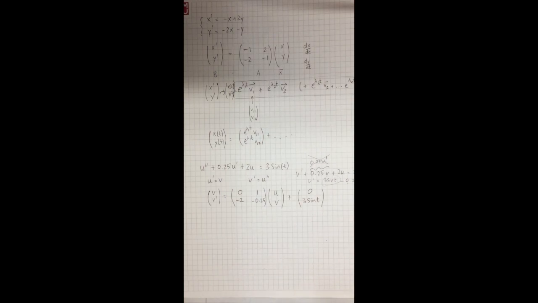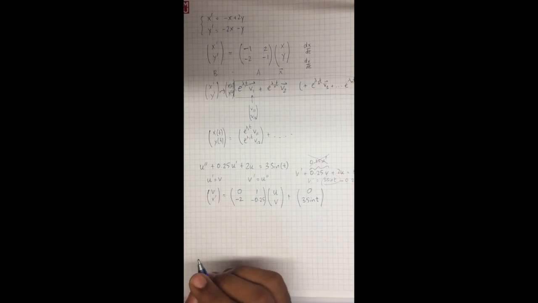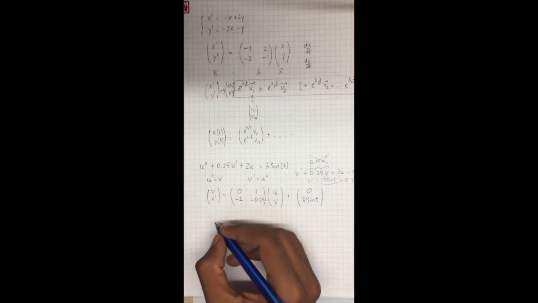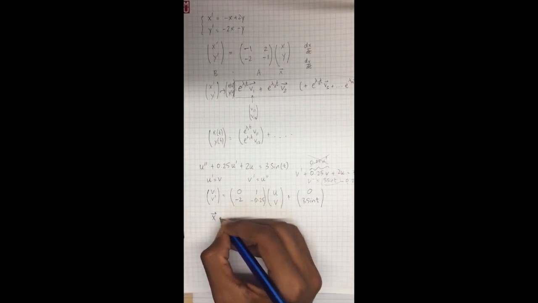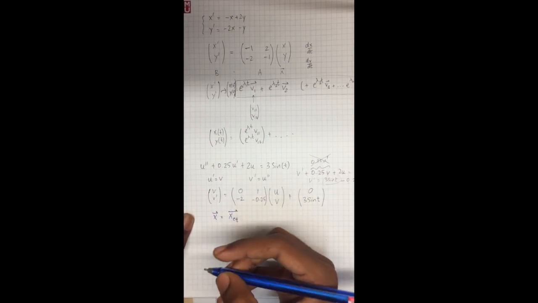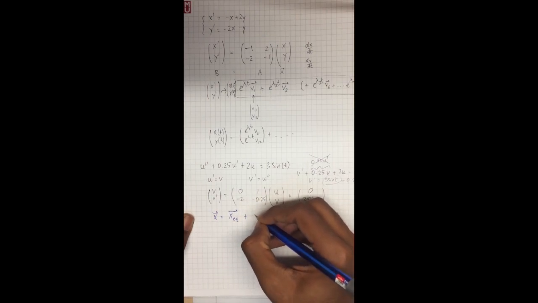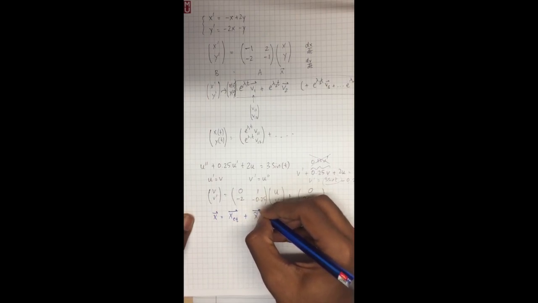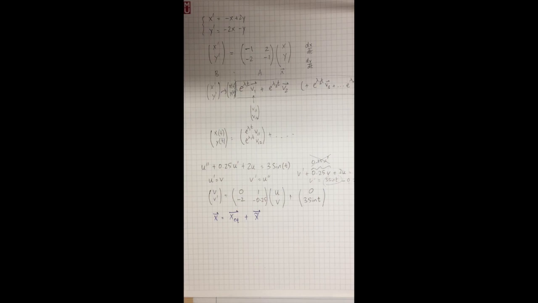If it's not homogeneous, the next step is we take the x vector equal to x equilibrium vector plus x tilde, I'm just using tilde for some other vector. I'm going to use this substitution to bring it to the form Ax plus b.